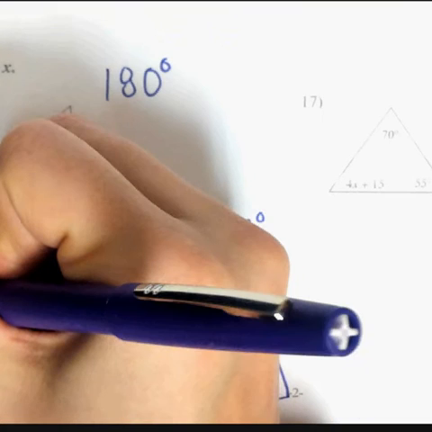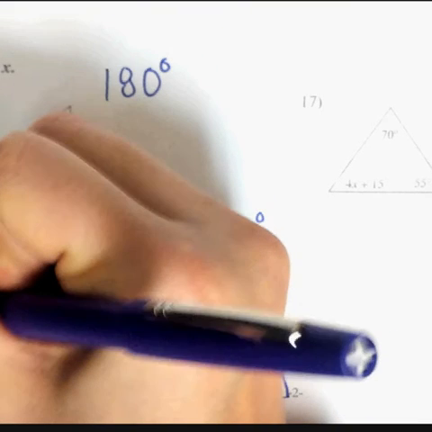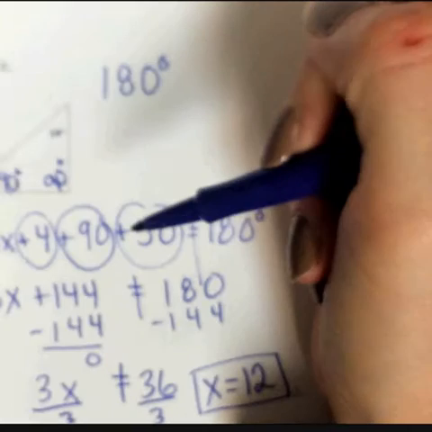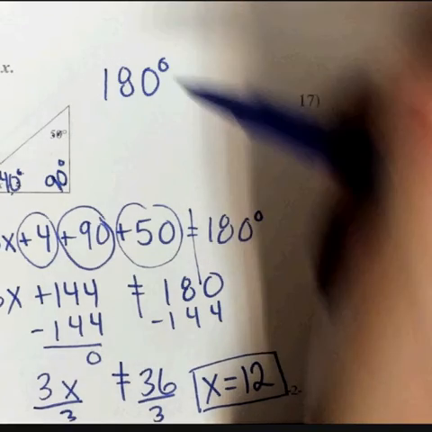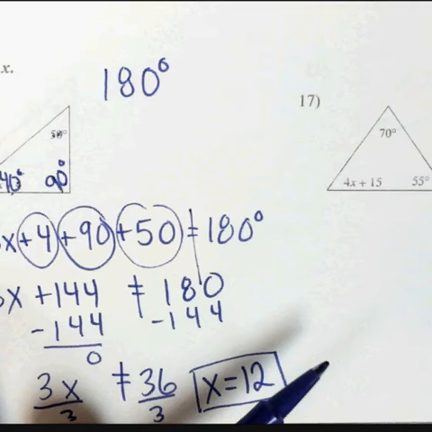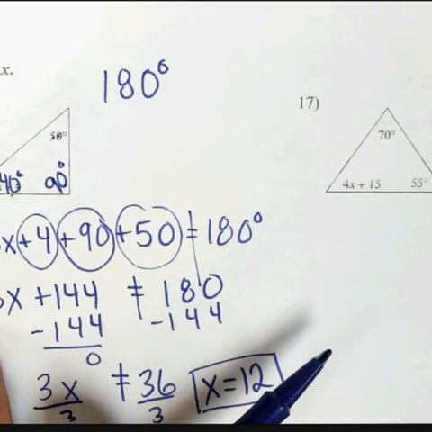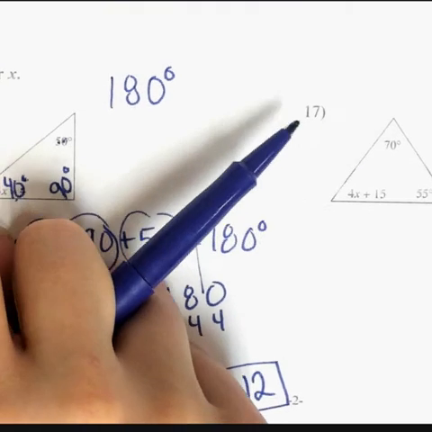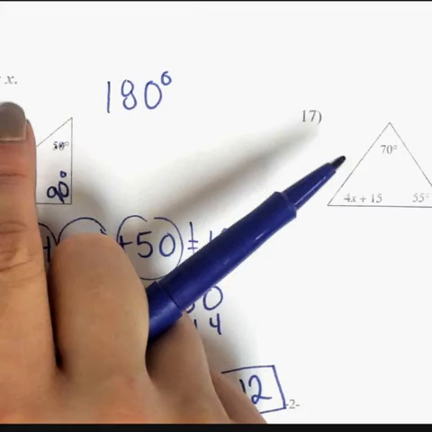And then it would be 36 plus 4 equals 40. And this angle is actually equal to 40 degrees. 40 plus 50 is 90. 90 plus 90 gives you 180. So they'll ask you to do this extra trick sometimes. I'm just showing it to you in case you encounter that. For today, though, you're just solving for x.